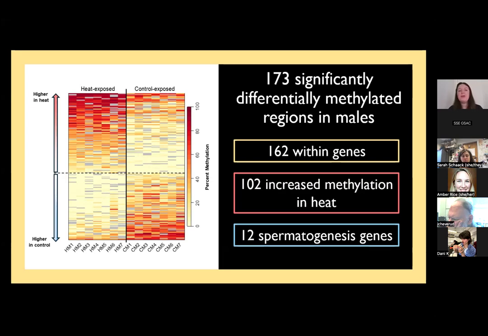And I'll tell you, because it's not clear from the heat map that I show you, that 12 of those differentially methylated regions were in spermatogenesis genes, so genes that are known to play important roles in male reproduction in a wide variety of insects. So usually the silkworm or Drosophila, but they do have known roles in insect male reproduction.